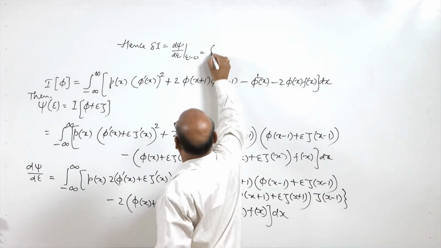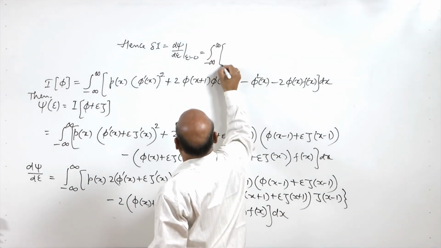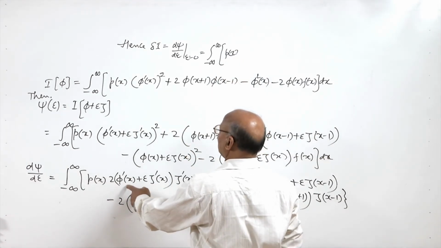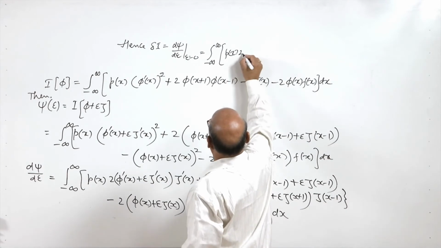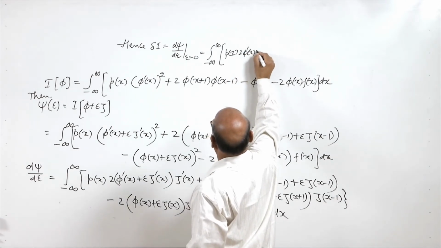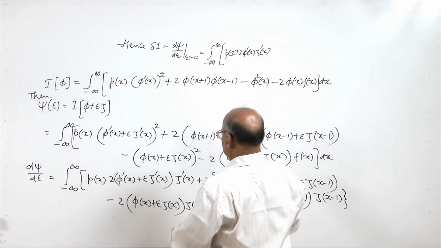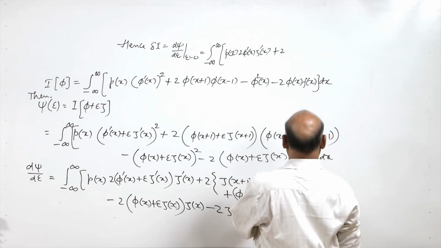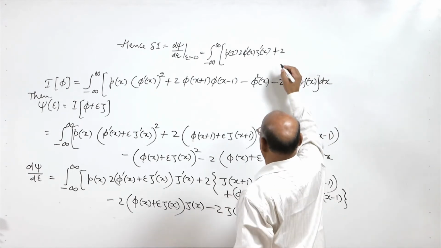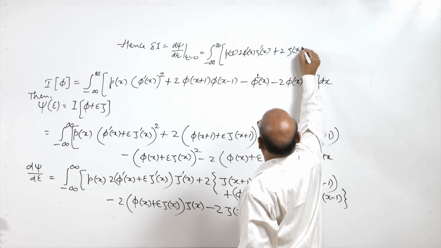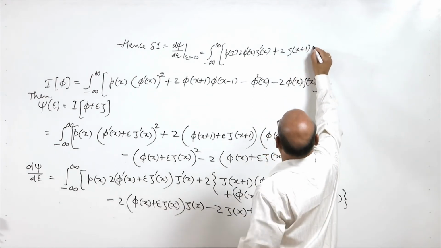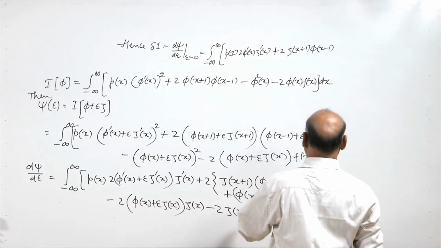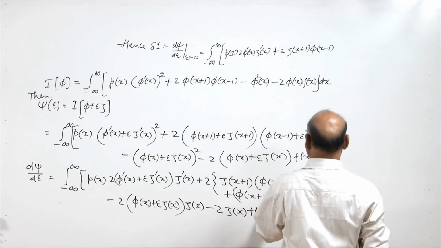So we get the integral from minus infinity to infinity of p(x), then here we get 2 phi dash x zeta dash x, here we will get 2 times zeta x plus 1 into phi x minus 1, and here we shall have phi x plus 1 zeta x minus 1.